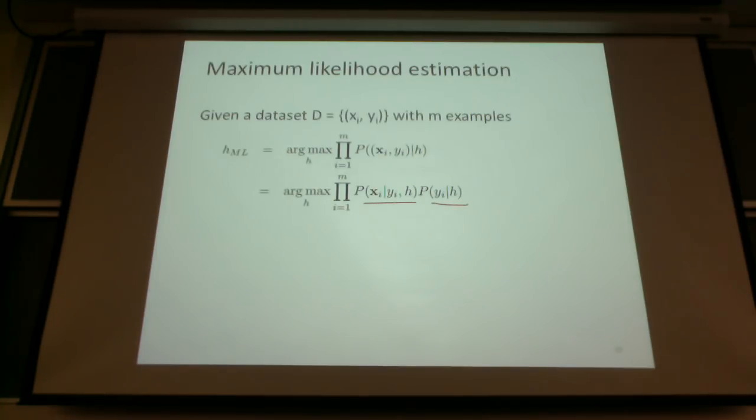Any H, that's right. We don't know what H is because we are trying to maximize all these things, so we need to think about it in terms of a function.